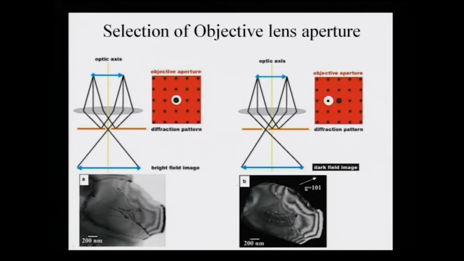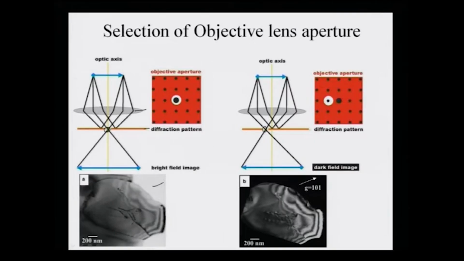So, this is my diffraction pattern on the back focal plane, as you can see, focused by the objective lens. This is the objective lens here, and this is the diffraction pattern on the back focal plane. If I take the bright spot, the undiffracted spot, or the transmitted or forward scattered spot, whatever way you explain it, then what we form is a bright field image. The field is bright and the image looks black.